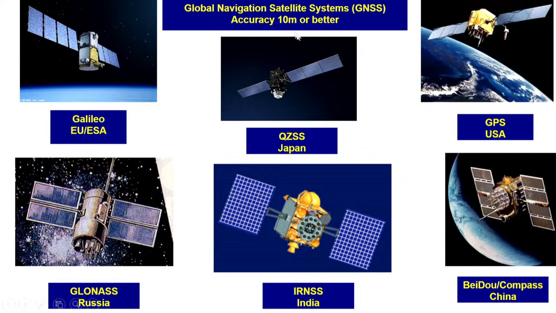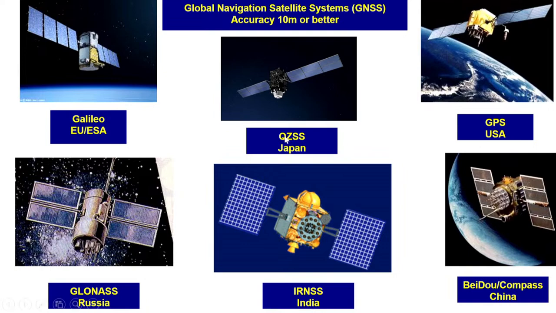Here you can see these GNSS satellites: Galileo, GLONASS, QZSS, IRNSS, GPS, Compass. These are all operational around the Earth. Among these constellations, Galileo, GLONASS, Beidou, and GPS are global, and QZSS and IRNSS are regional, giving regional navigation information.